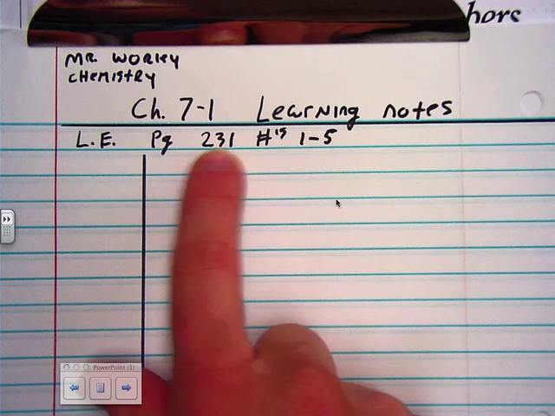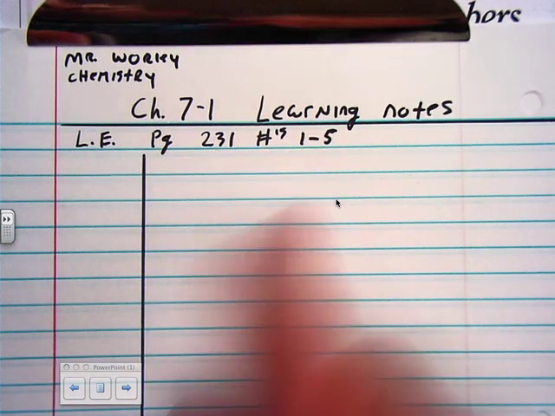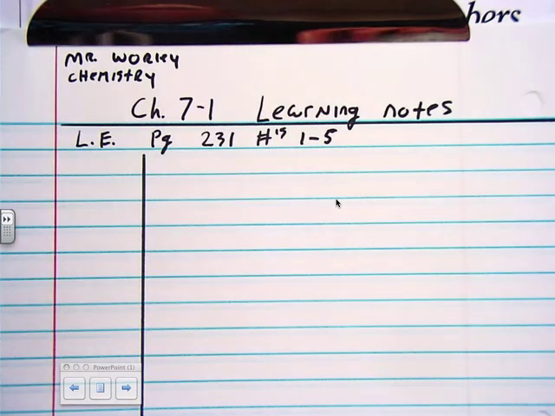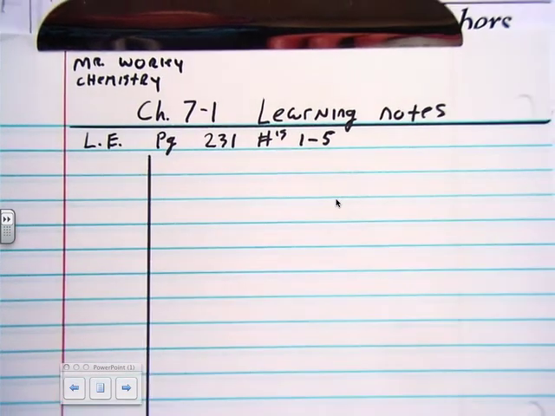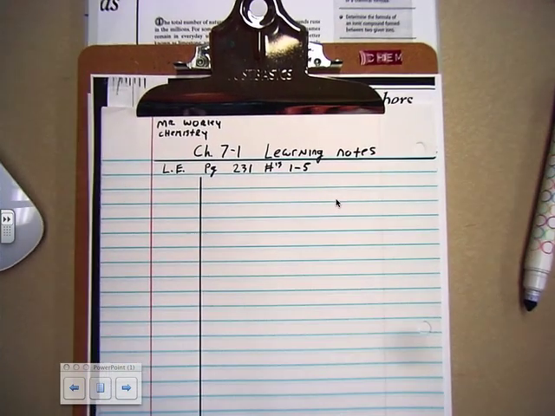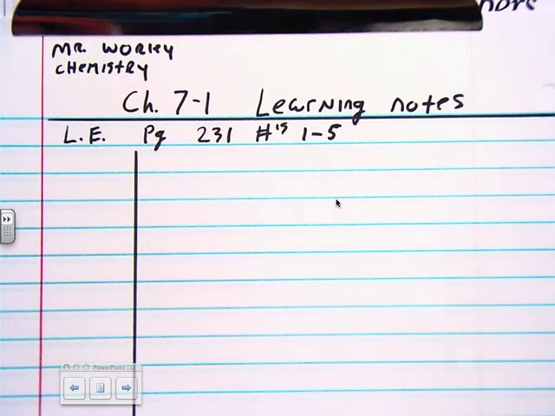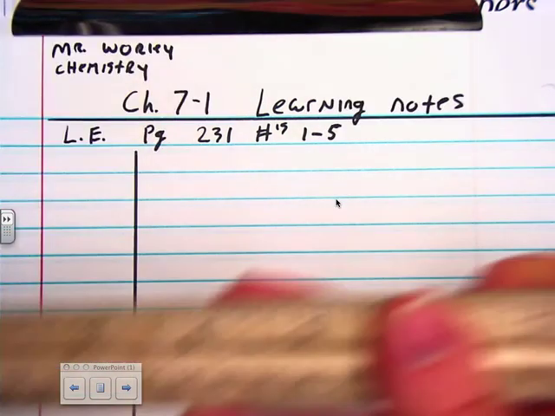L.E. represents lecture exercises, page 231, numbers 1 through 5. I recommend going ahead with the Cornell style of note-taking. You can take any style you want. Other things you might want to have handy are a couple of markers, different colors, as well as a ruler to make nice straight lines if you want, and a pencil.